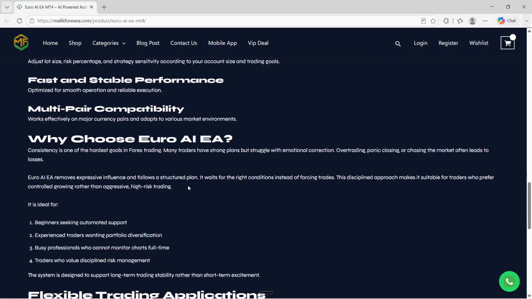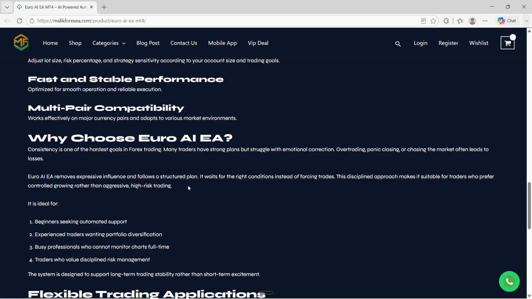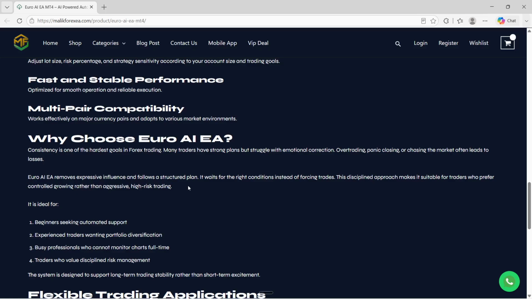So, who is the EA actually for, and who should avoid it? This EA suits patient traders who prefer a specialized EURUSD approach with selective entries and clear risk rules. It's good if you value discipline and are comfortable with lower trade frequency.